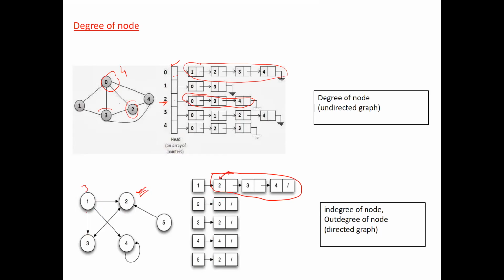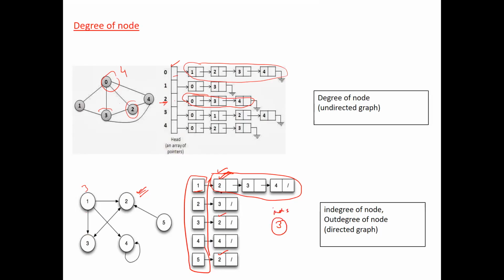This is the array of pointers. First go to the linked list pertaining to the vertices adjacent to 1. The elements there include 2 here, one more 2 here, and another 2 here. That means 3 is the in degree of 2.